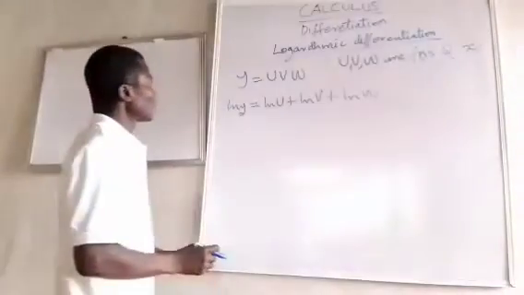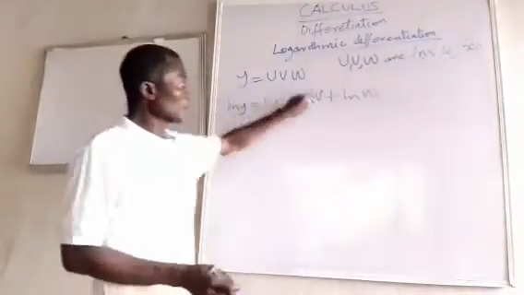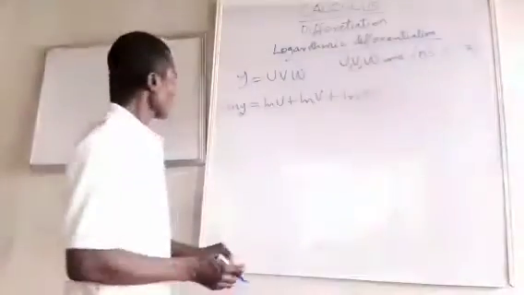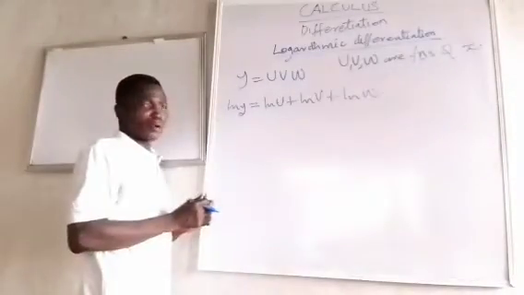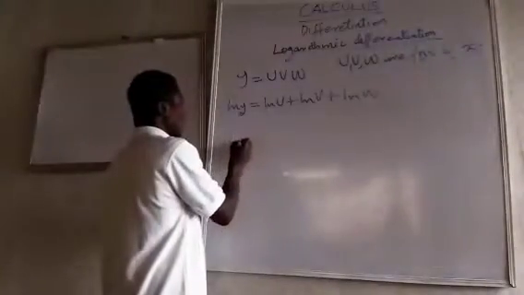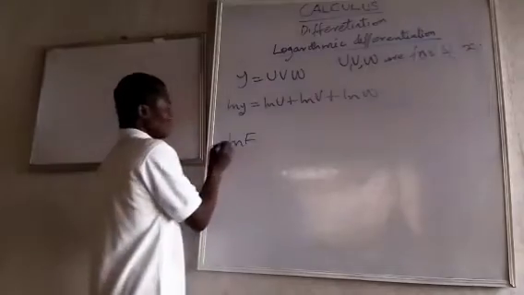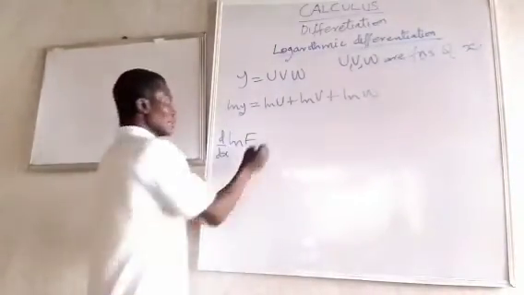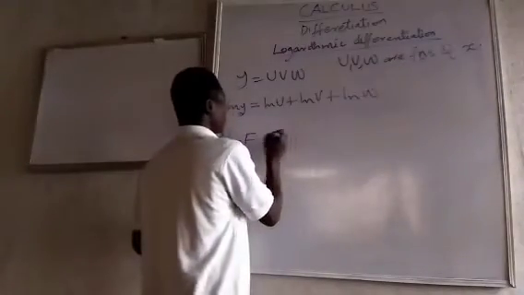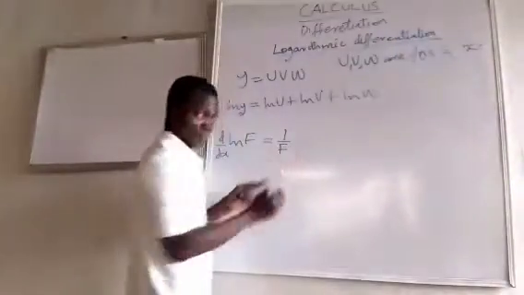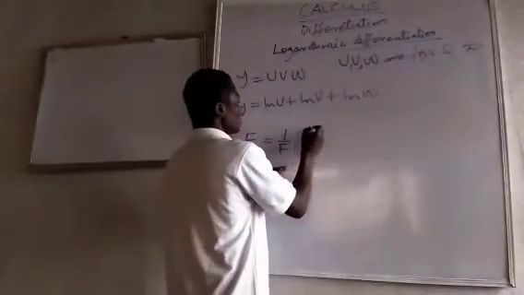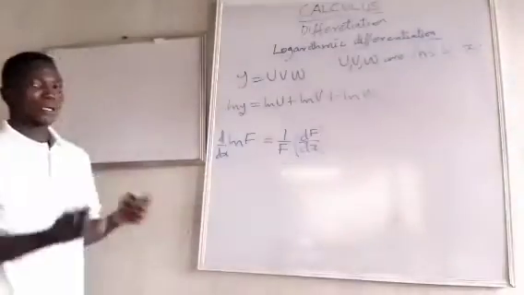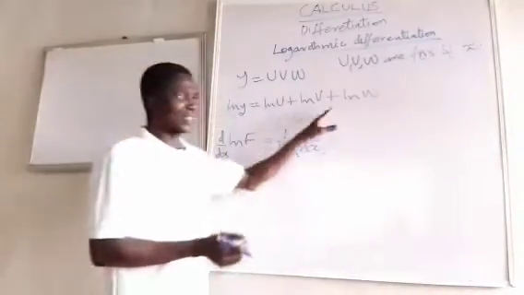Now, from products to sums, and we have made it ln each. We have said something before. When you have a function like ln f and you want to differentiate it, you are going to have 1 over f times df/dx. You can see, this makes it very, very easy.